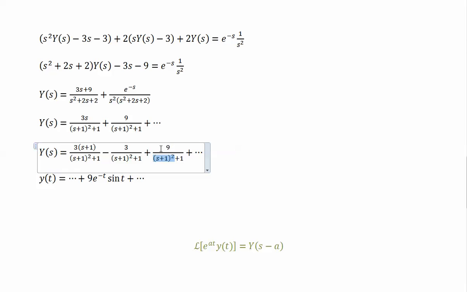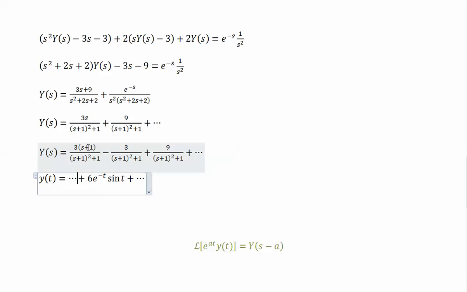You see I have a -3 and a +9. I would have made this a +6. These two terms together would just be a +6 over that denominator. Those two terms have the same inverse Laplace transform, and I'll just have -3 of the one and +9 of the other. I'll get +6 right there.